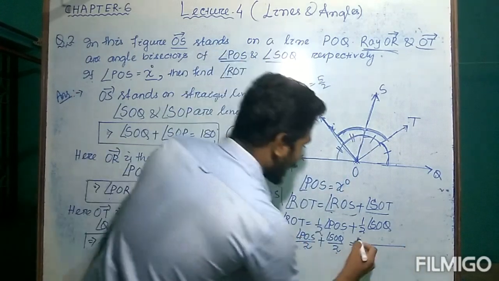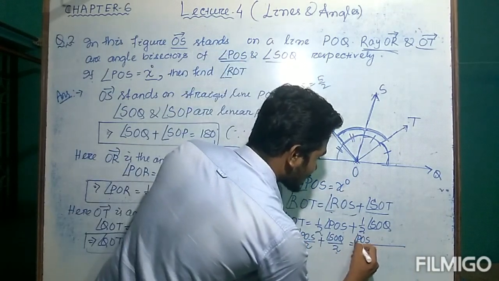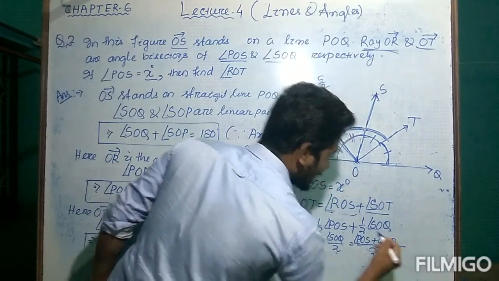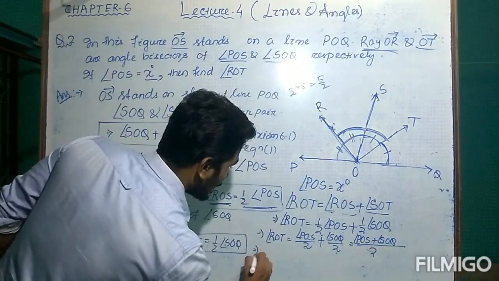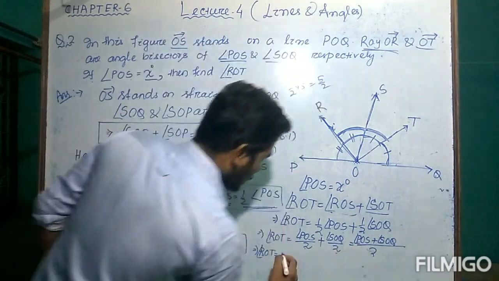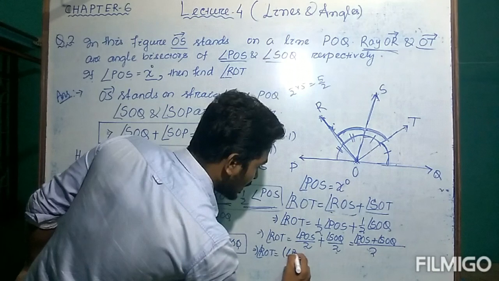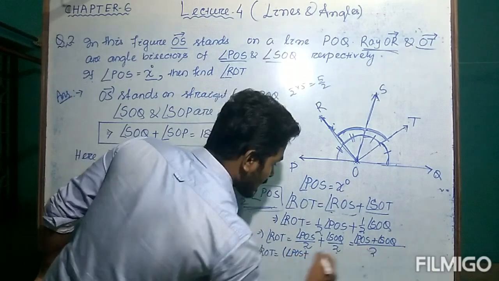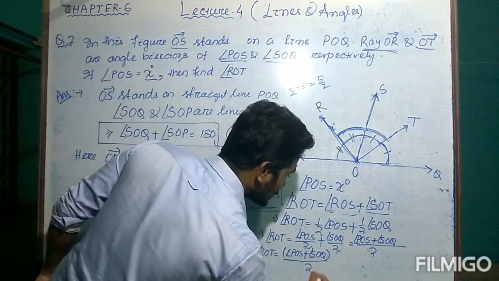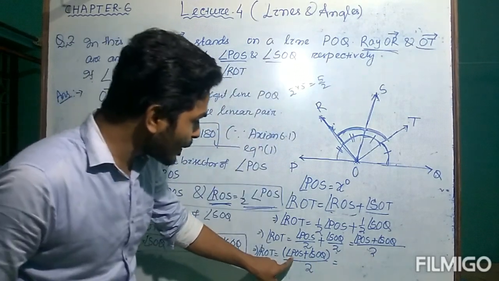So in the numerator we get POS plus SOQ. See it carefully. So you get ROT angle is equal to bracket of angle POS plus angle SOQ by 2.